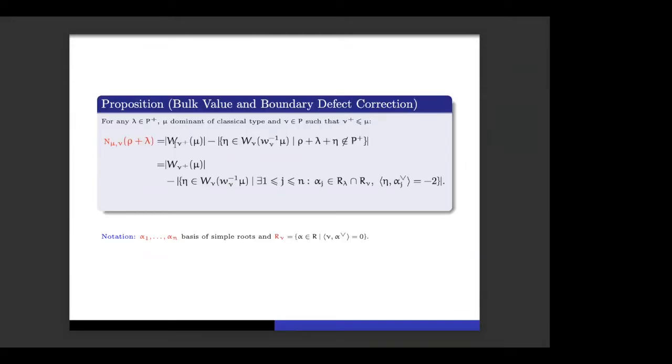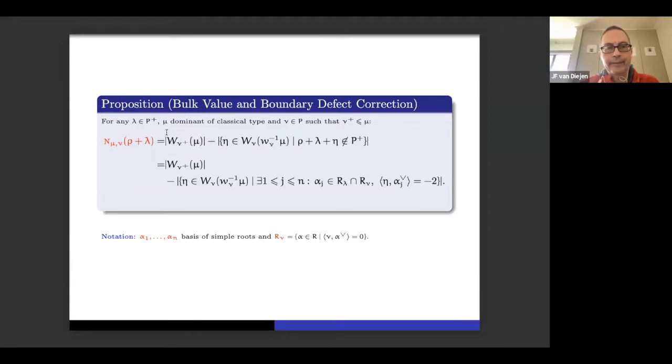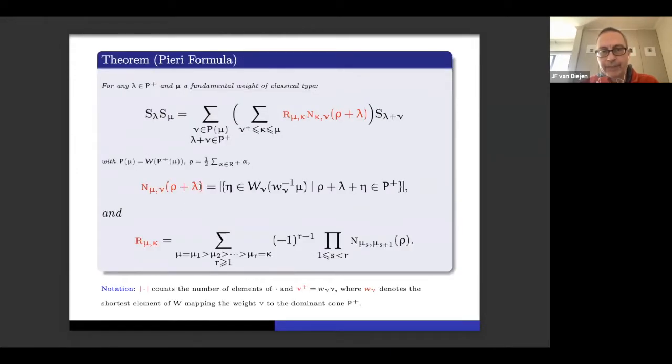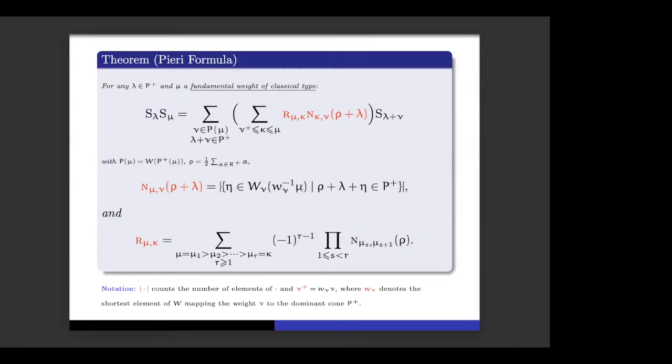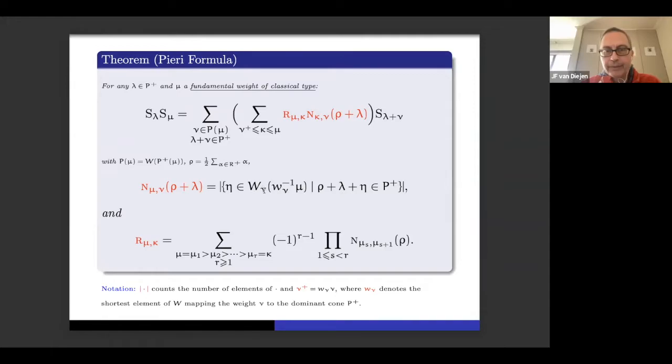If lambda is strictly dominant, then you always remain in the dominant cone. Oh, I forgot to mention, this is just the size of the orbit, right? So if lambda is strictly dominant, then this is just the size of this orbit, and it's only when lambda is dominant but not strictly dominant that you actually have to leave out a few.